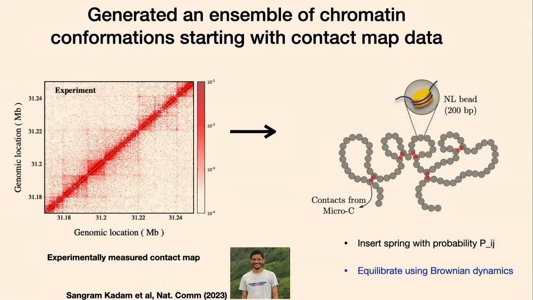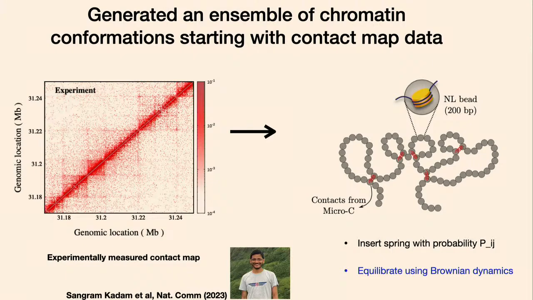That's what this means. So every dot in this is a contact between two nucleosomes on average. And what we did, so Sangram, who was a PhD student in my lab, made a model to go from this kind of picture to a polymer picture. Actually, we have two models, and I won't describe the details now. I will be happy to discuss it after the talk, for want of time.